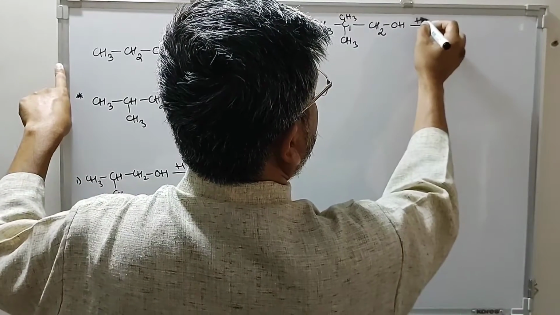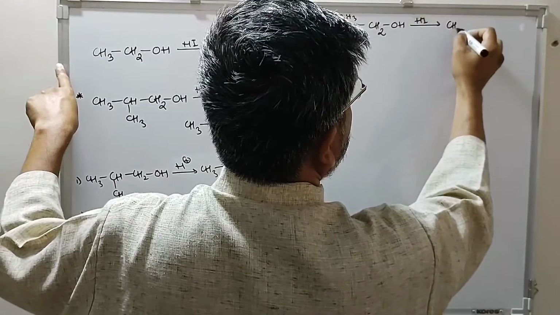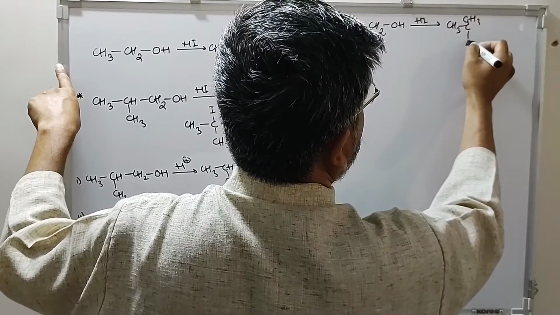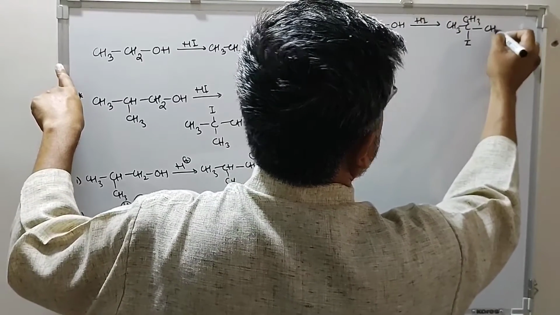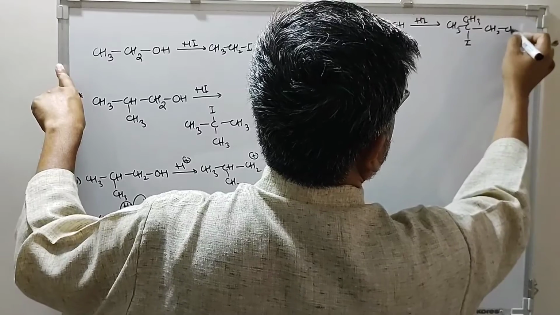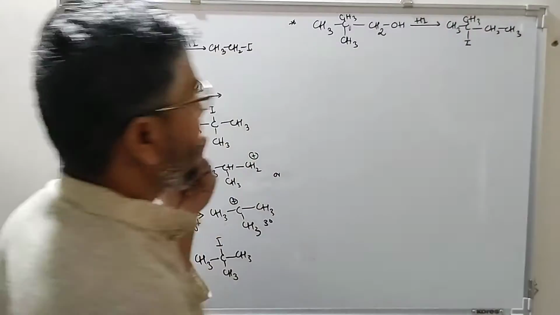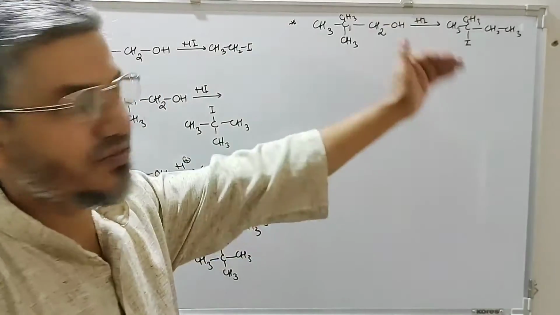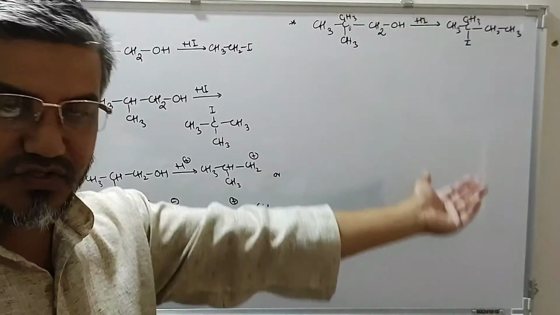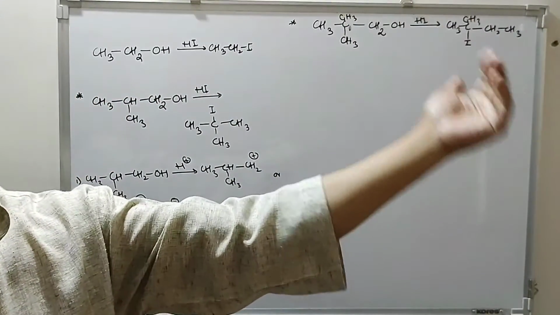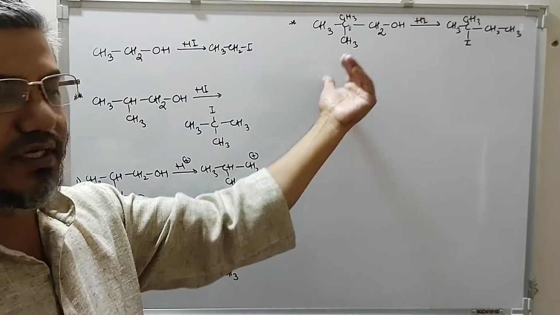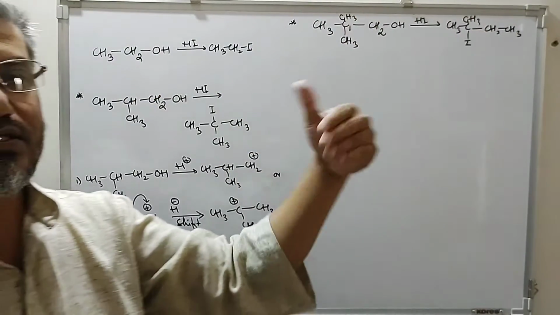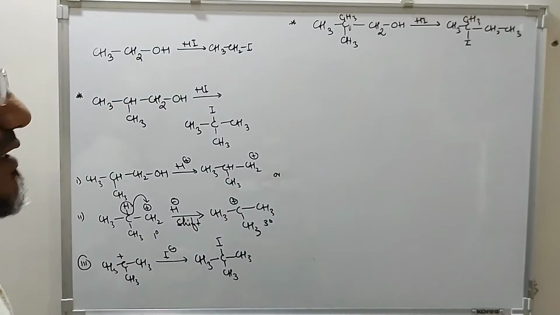This reacts with HI and this gives you CH3, CH3, CI, CH2, CH3. Again, look at this, there is a change in carbon skeleton. So there is some unexpected product formed. Whenever formation of an unexpected or abnormal product is there, the reaction may be through a carbocation, and a carbocation has a tendency to undergo rearrangement.